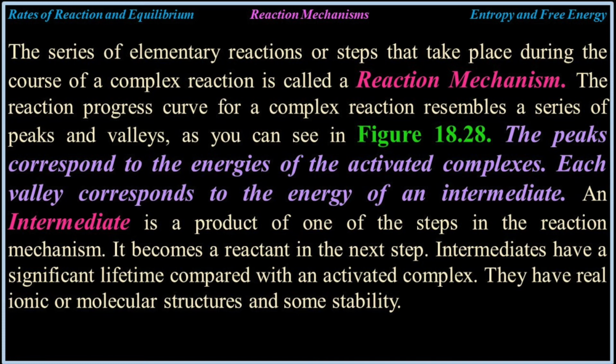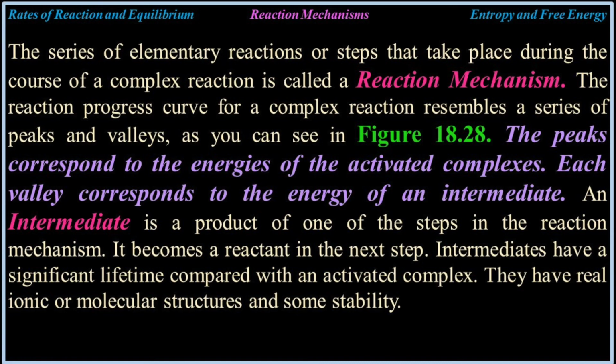The series of elementary reactions or steps that take place during the course of a complex reaction is called a reaction mechanism. The reaction progress curve for a complex reaction resembles a series of peaks and valleys. As you can see in Figure 18.28, the peaks correspond to the energies of the activated complexes. Each valley corresponds to the energy of an intermediate.